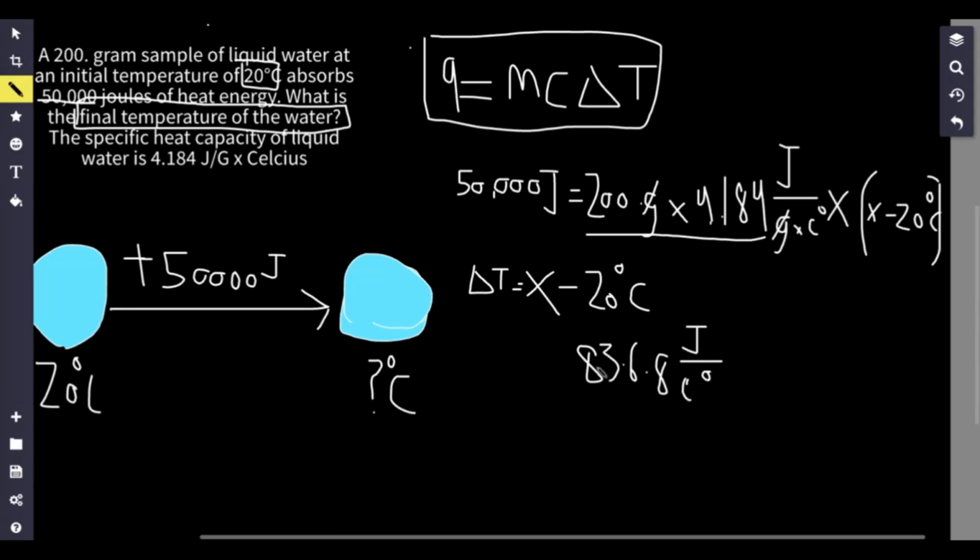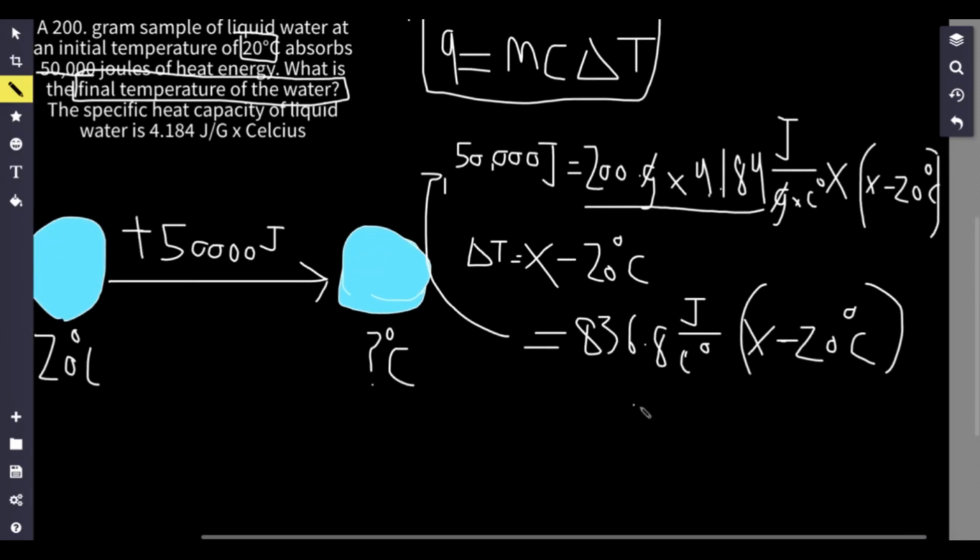And now we're going to multiply this by X minus 20 degrees Celsius. And obviously this is going to be equal to our 50,000 joules on the other side of the equation.